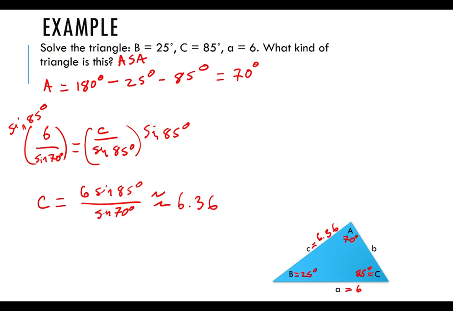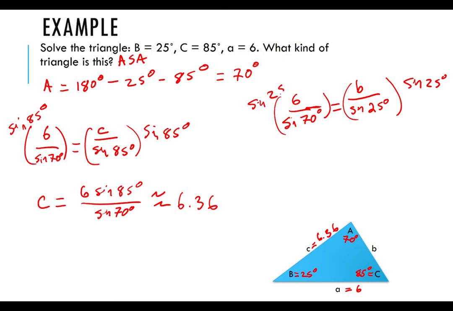Well then, let's find side length B. I have 6 divided by sine of 70 degrees is equal to side length B divided by the sine of angle B, where angle B is 25 degrees. So to solve for B, I can multiply both sides by sine of 25. Then I get that B is equal to 6 times sine of 25 degrees, all divided by sine of 70 degrees.